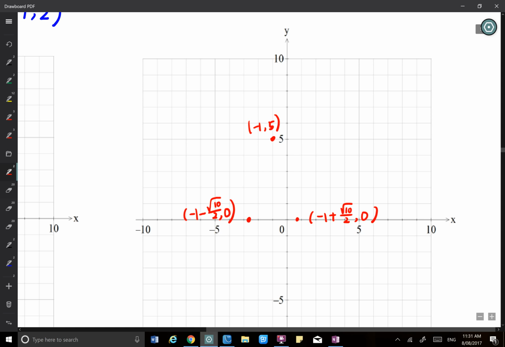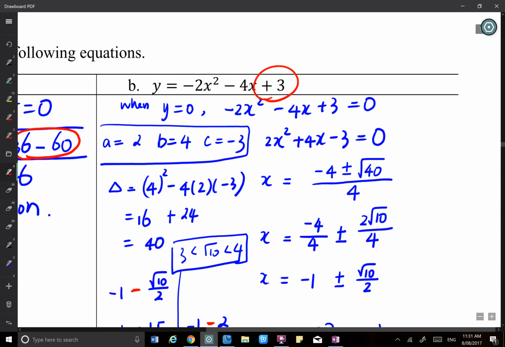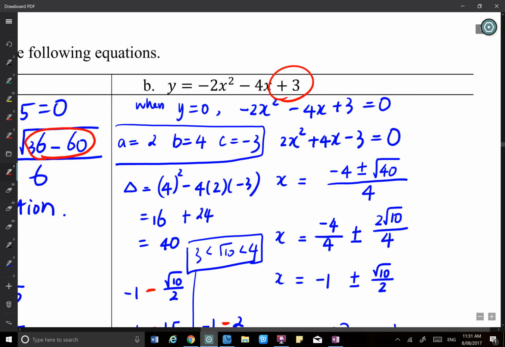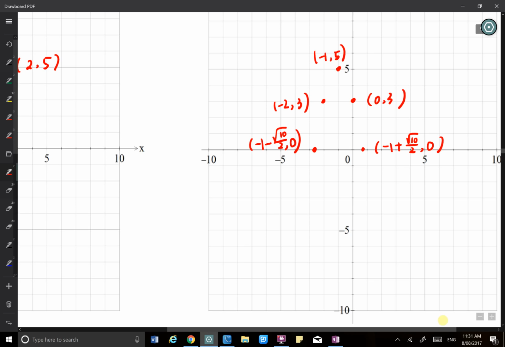And we also know 0, 3 will be the y-intercept, therefore -2, 3 will be another point on this curve as well. 0, 3 is from the original function, the plus 3. Now we have this many points, I can just complete the graph.